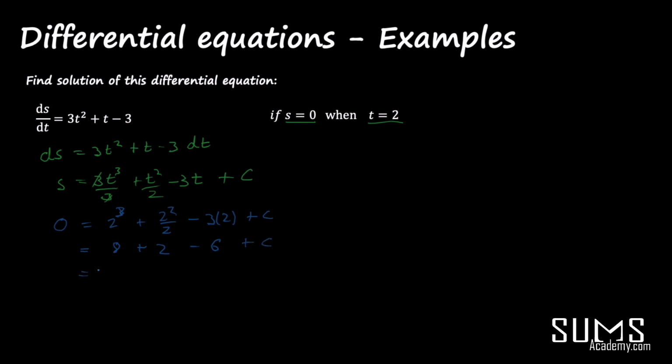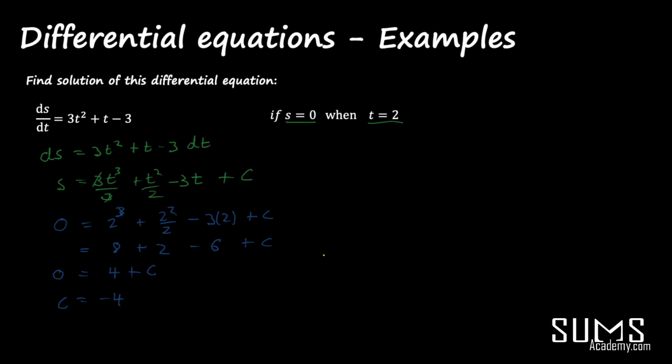So that's going to be equal to 8 plus 2 is 10, minus 6 is 4. So 4 plus c is equal to 0. Therefore, c is equal to negative 4. And what you can do is bring this back into your equation.